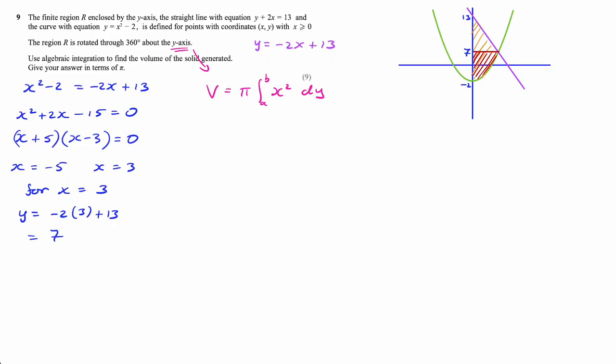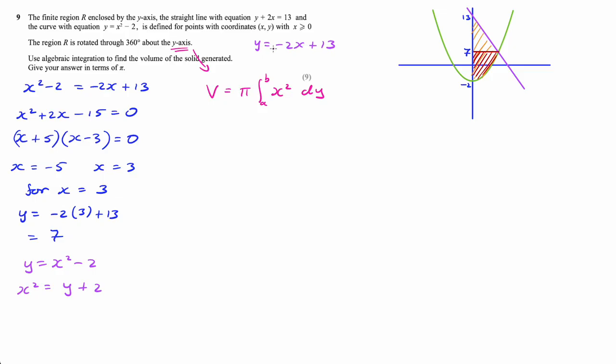Okay, so I have y equals x squared minus 2. Rearrange for x here, I get x squared equals y plus 2. And, well, actually, I can just sub that straight in there, so that's fine.